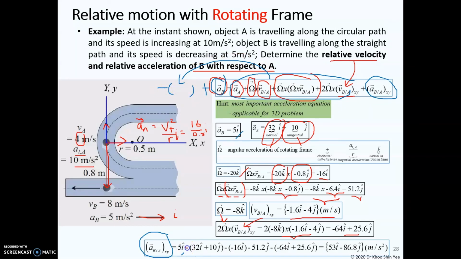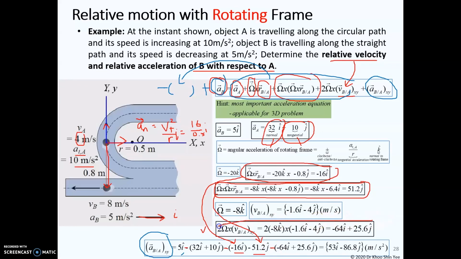So you continue to subtract a_A, the tangential acceleration, which is negative 16i here. Then continue to subtract this. This is the normal acceleration, or what we call the centripetal acceleration, which is equal to 51.2j. Lastly, subtract this term, which is the Coriolis acceleration, and then you should obtain this result.